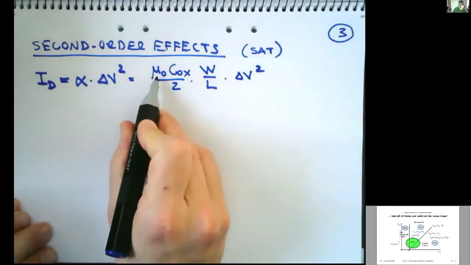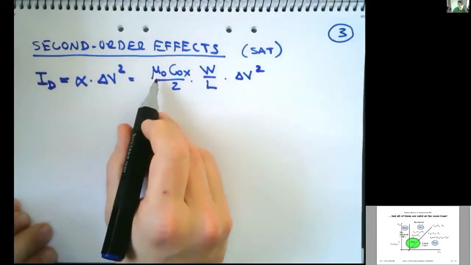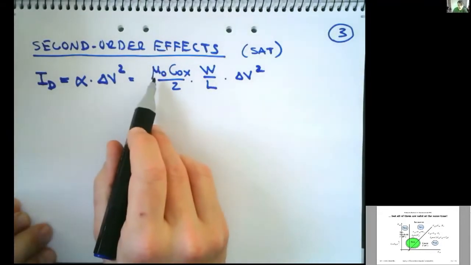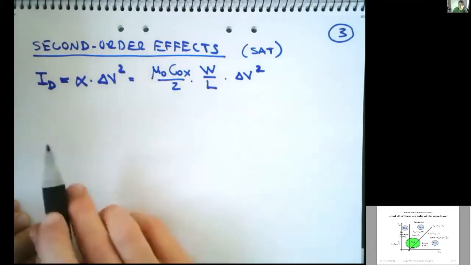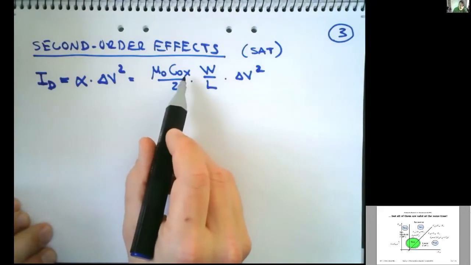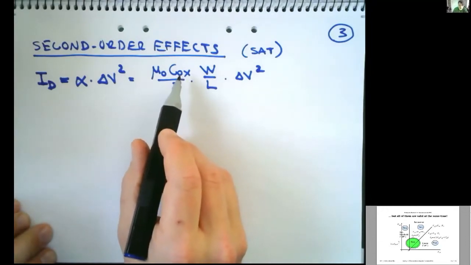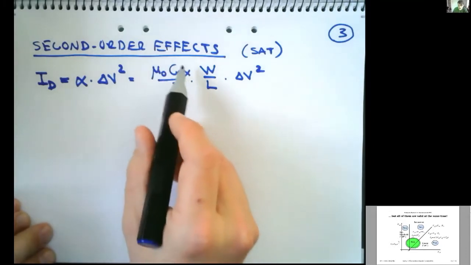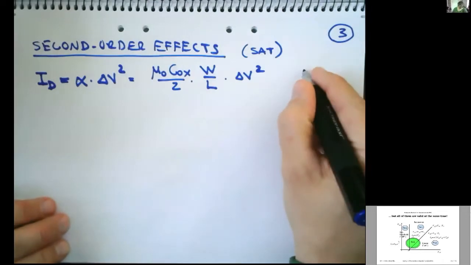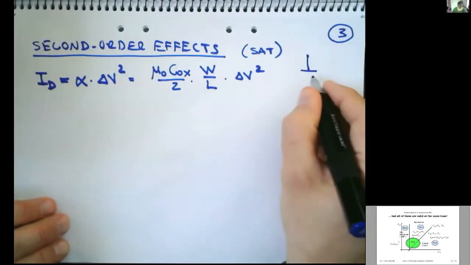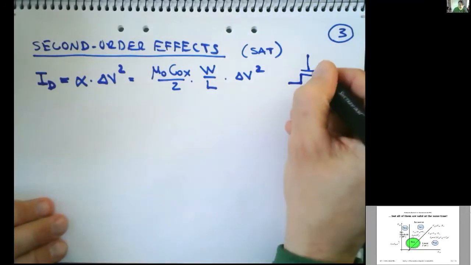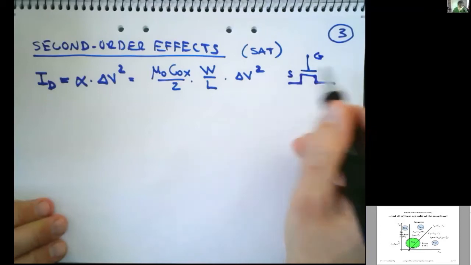Mu naught is the mobility of the charge carriers in your device. So if it's NMOS, it's the mobility of the electrons. If it's PMOS, it's the mobility of the holes. Cox is the gate to source capacitance of a transistor. It indicates more or less how strong the connection is. If we, just for the fun of it, do some sort of pseudo-physical description of a transistor like this, the gate capacitance is between the gate and the source.